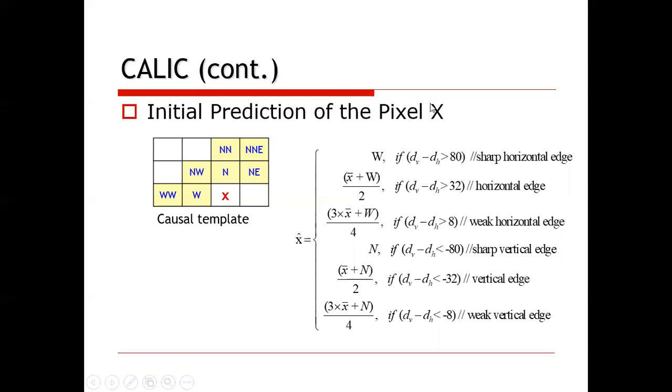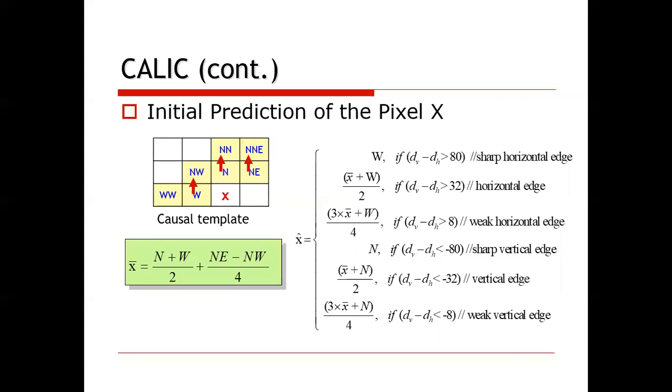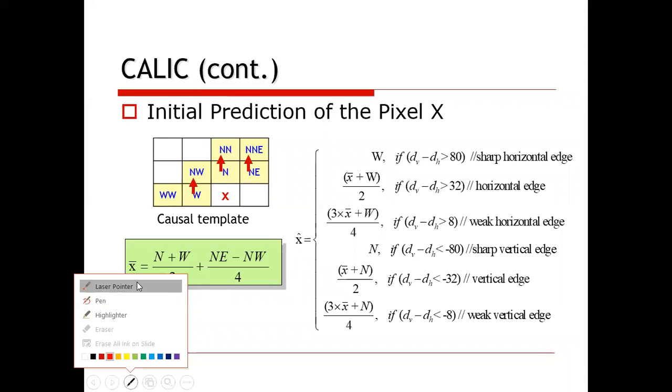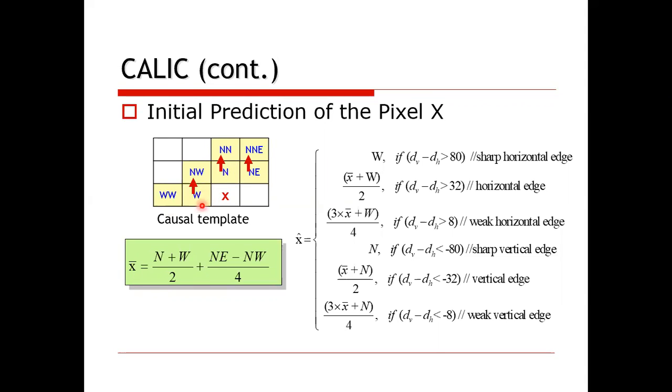So take one example. What is the x value? What is the x bar? X bar is equal to n plus w divided by 2 plus ne minus nw divided by 4.